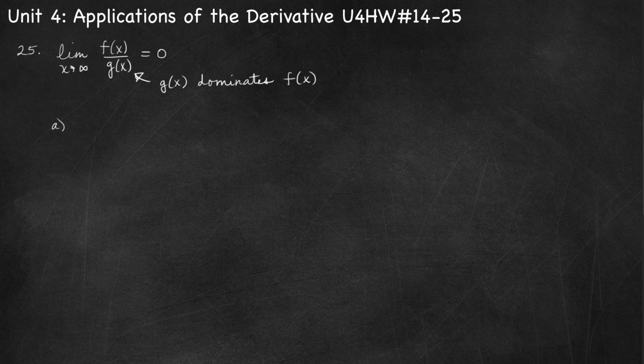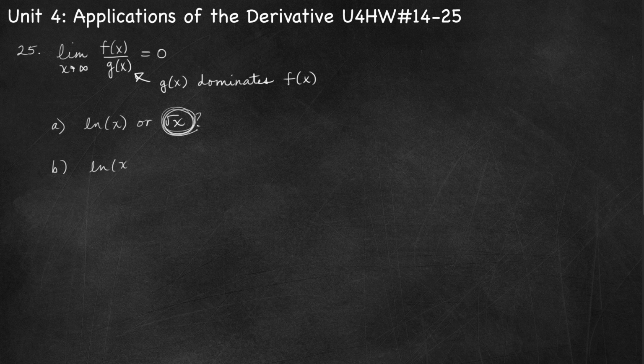So part A, which function dominates the other? ln x or square root of x? Well, the natural log function grows more slowly than the square root function. So the square root function is the one that dominates. Part B, which function dominates the other?